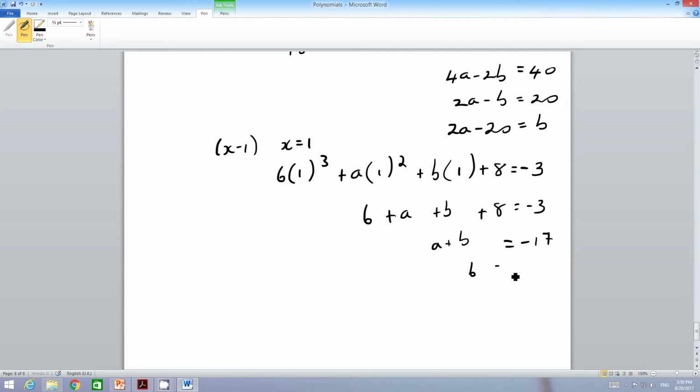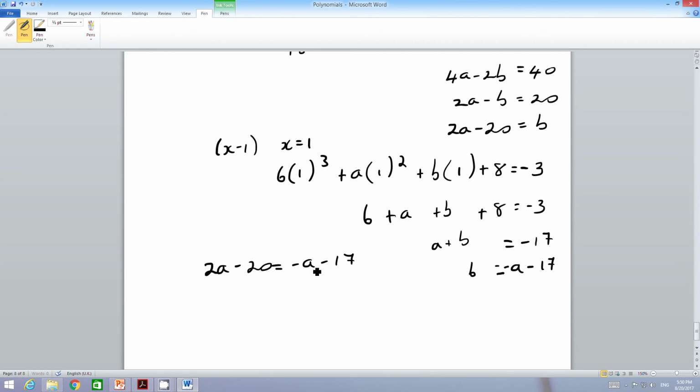So b is equal to negative a minus 17. Since b is the subject in both of these cases, now I can just set my first expression equal to my second expression. So 2a minus 20 is equal to negative a minus 17.